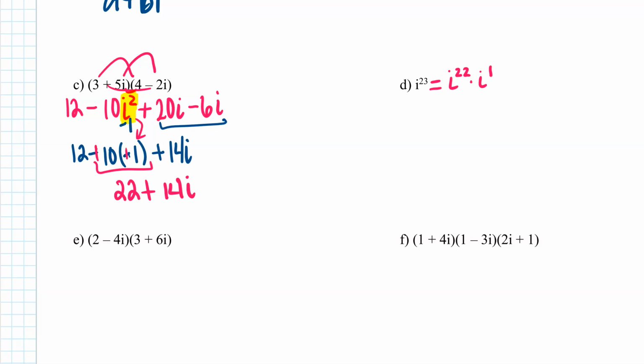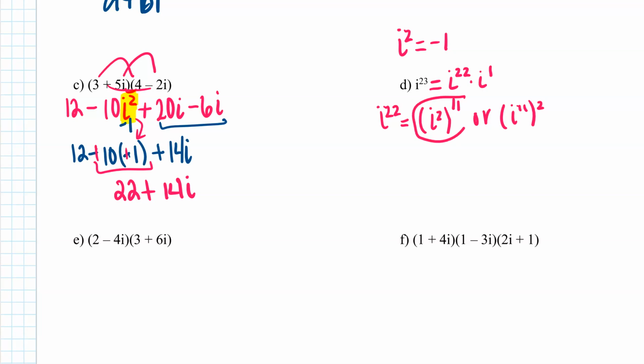Because i squared is -1, okay? And so i to the 22nd is really, if I'm working backwards through my exponent properties, i squared to the 11th, or you can say i to the 11th squared, however you want to do it.